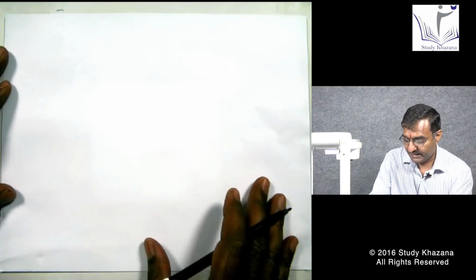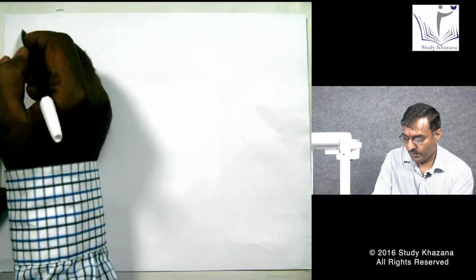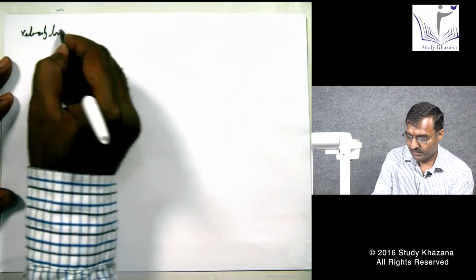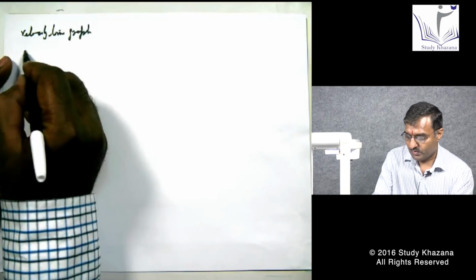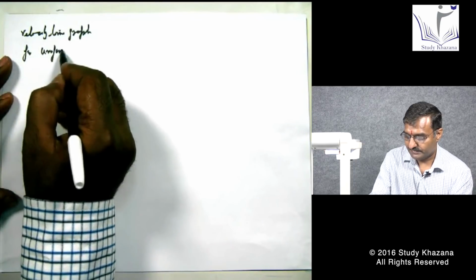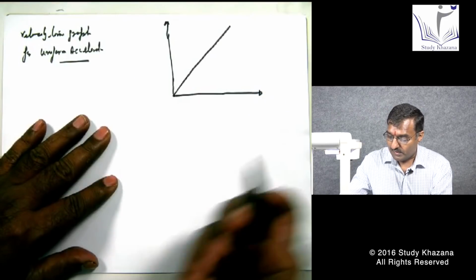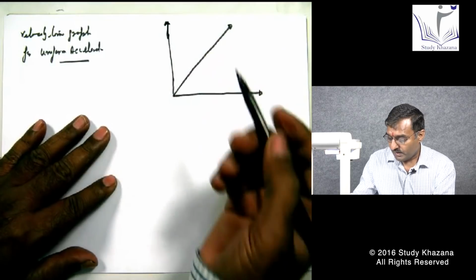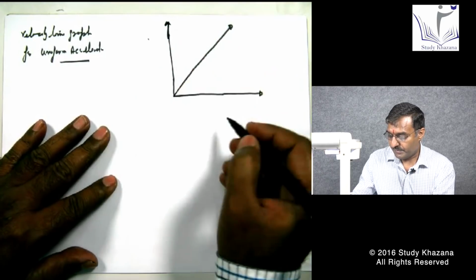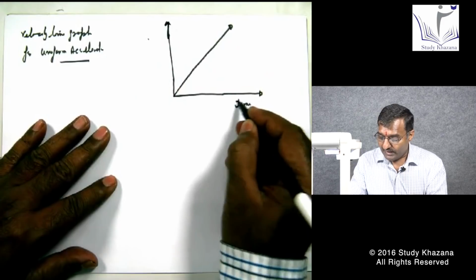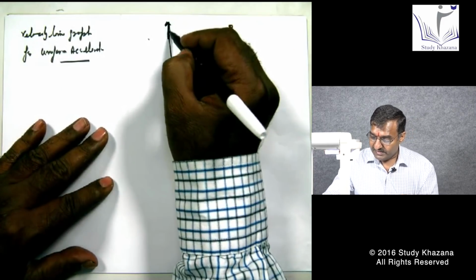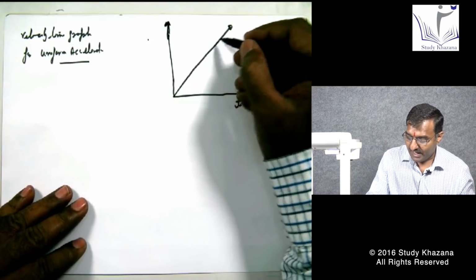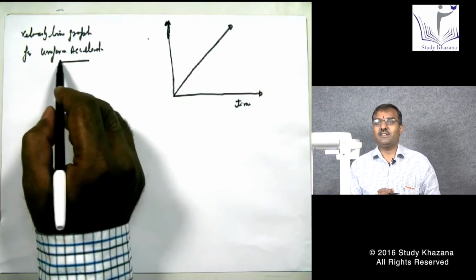Here I am drawing the velocity time graph for uniform acceleration. Now this is our time, and what I am showing here is the velocity time graph for uniform acceleration.